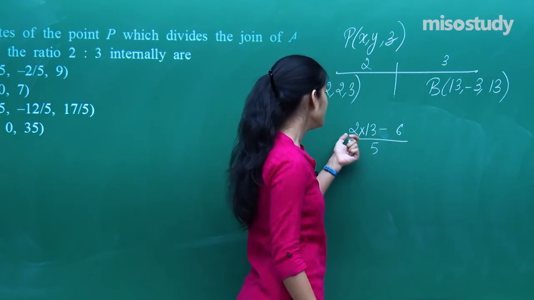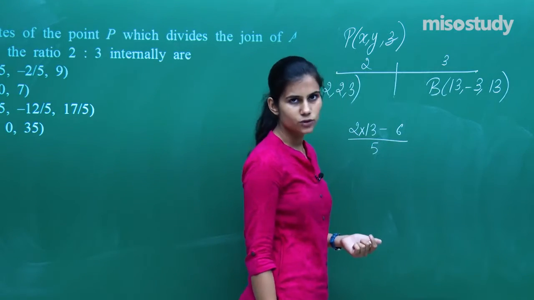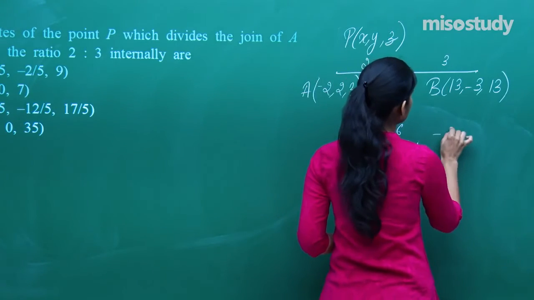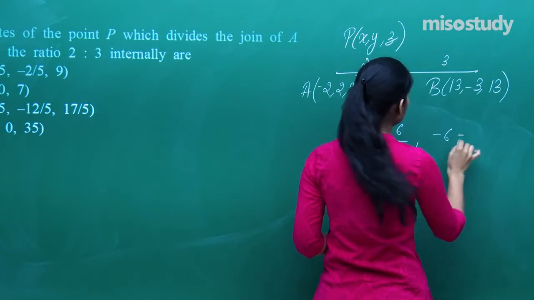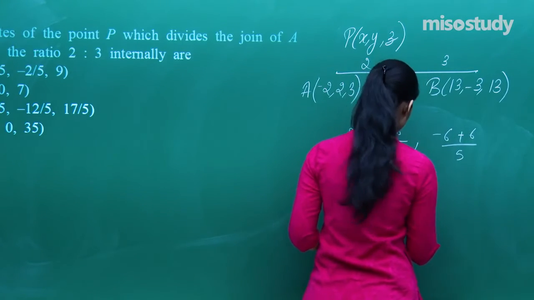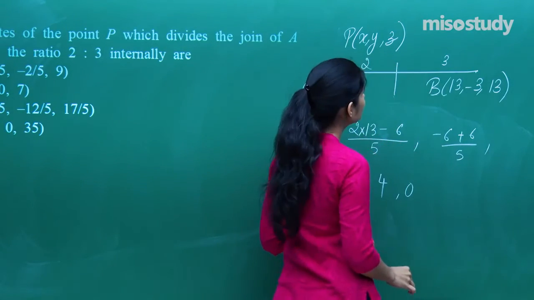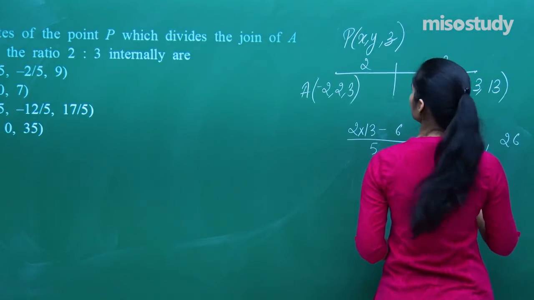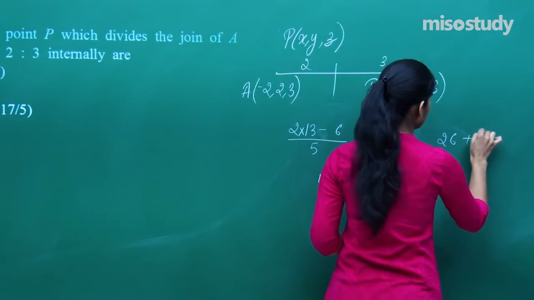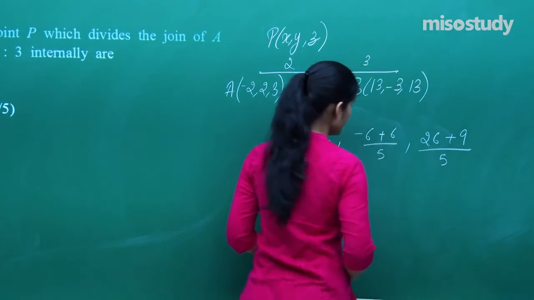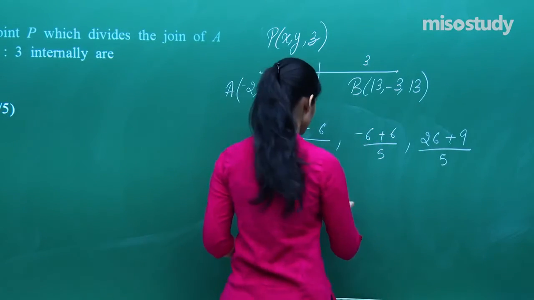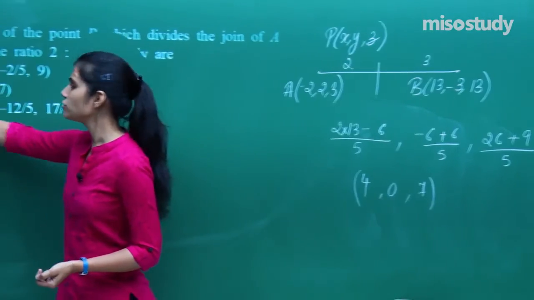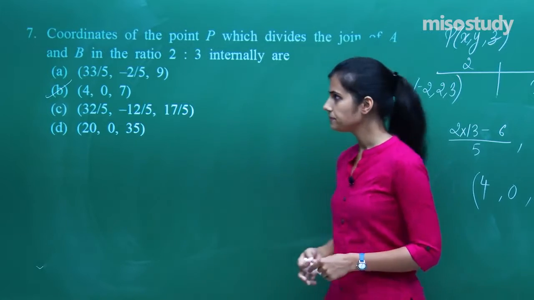This becomes what? 3 into 2 is 6. So 26 minus 6. So 20 upon 5, that is 4. Then you have 2 into minus 3 plus 3 into 2 upon 5. So you have 0. And then you have 2 into 13, 13 into 2 is 26. 26 plus 9 upon 5, which is 35 upon 5, that is 7. So 4, 0, 7, that is option number B is the correct one.